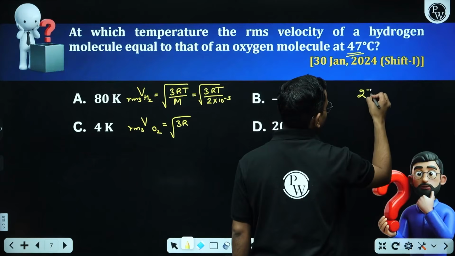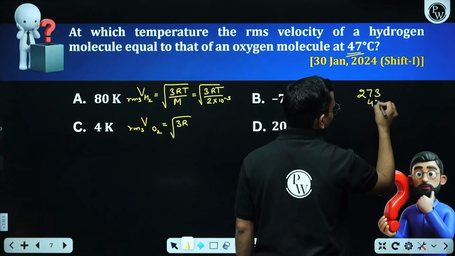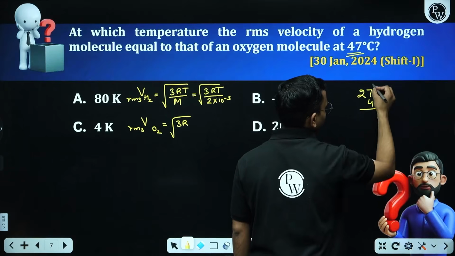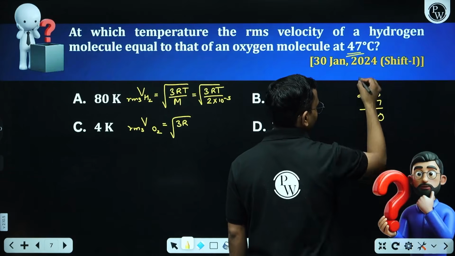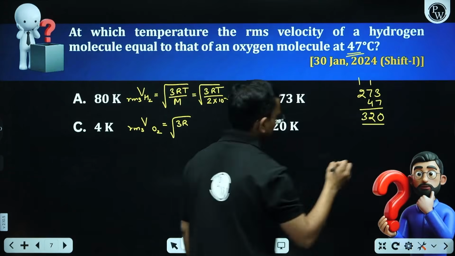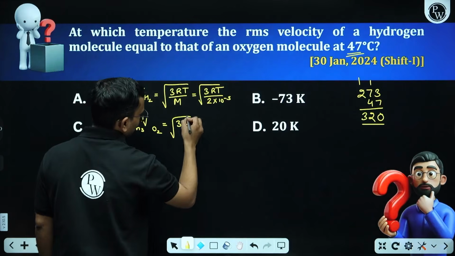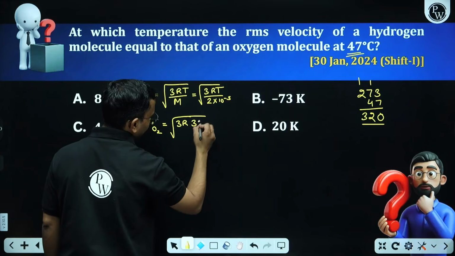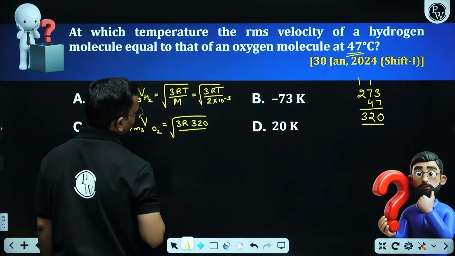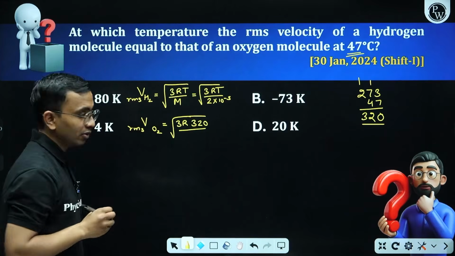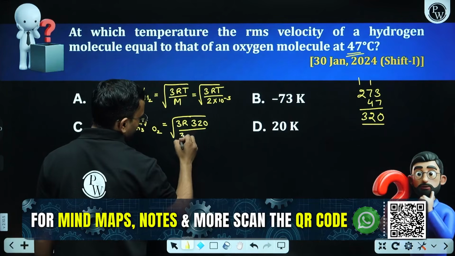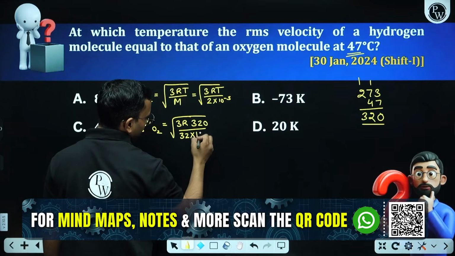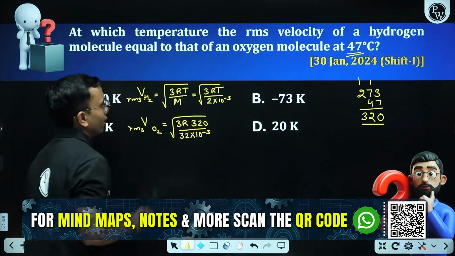So 273 plus 47 is 320. So put it here, 320 divided by the molar mass, which is 32 grams, so 32 into 10 to the power minus 3, like this.